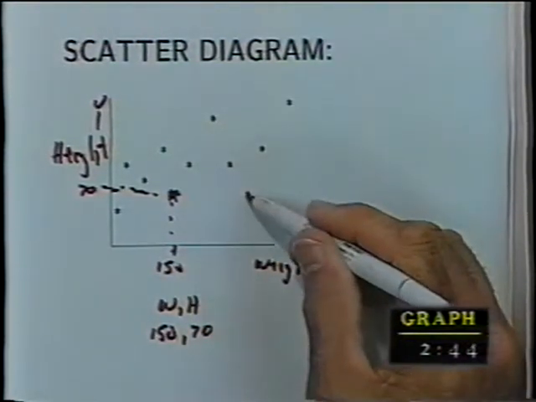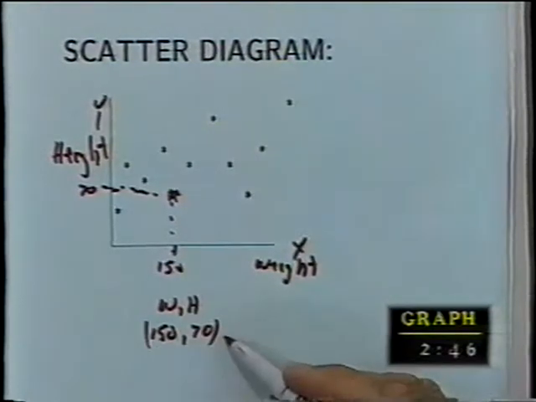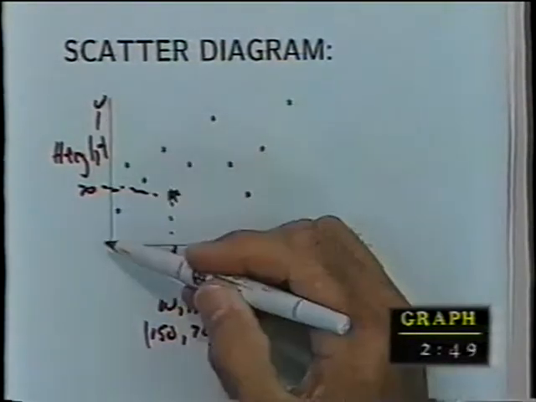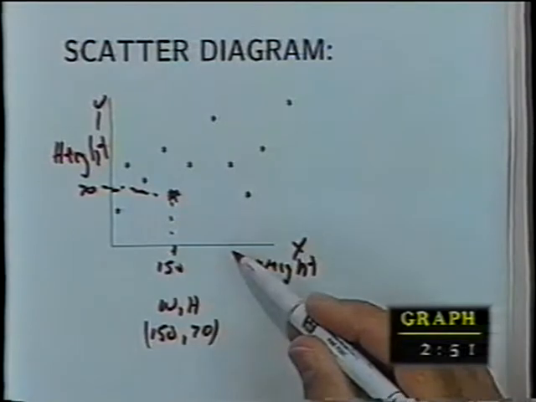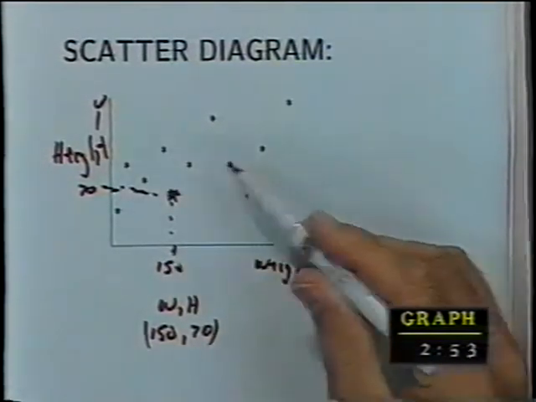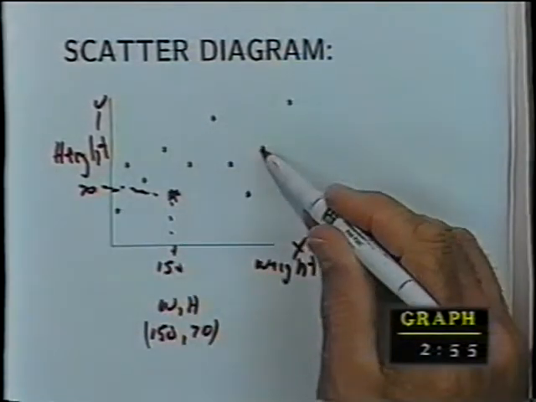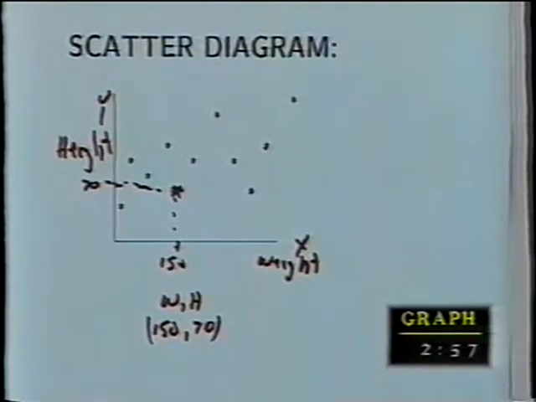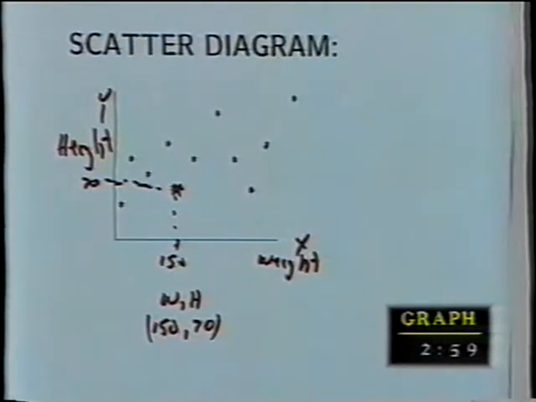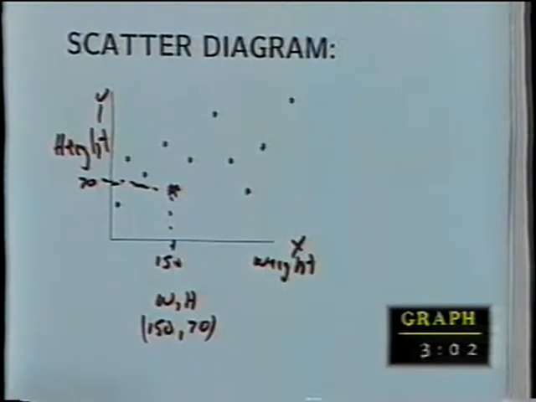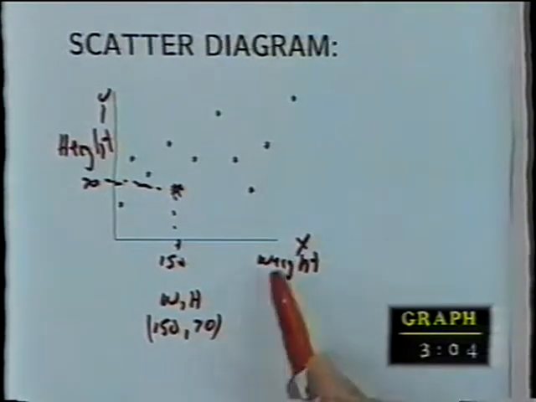Each one is one measurement, but each measurement is made up of two numbers, an X number and a Y number. And you just have to find where the X number is, find where the Y number is, and cross them. And where they cross, that's where you put the dot on the screen. That is a scatter diagram, the usual way of representing data on a diagram. There's two numbers, an X number and a Y number.